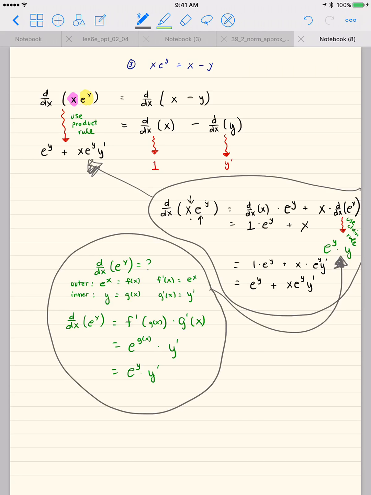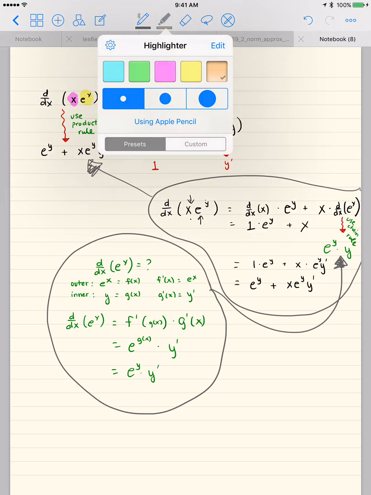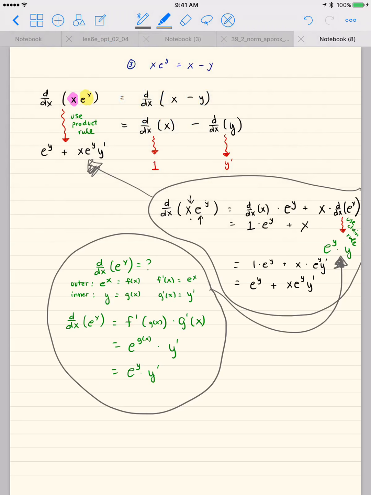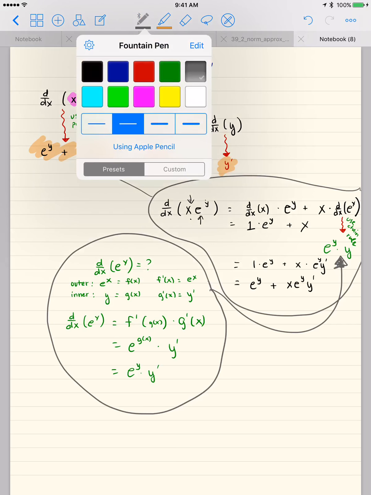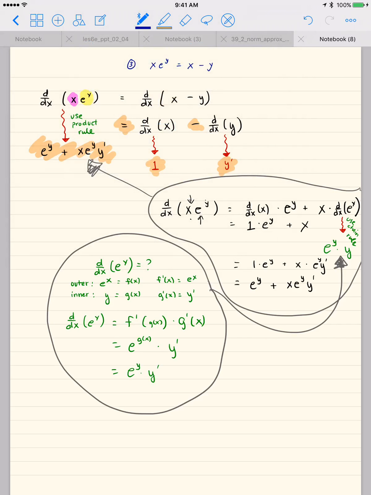But back to our original equation, the left-hand side equals 1 minus y prime. So let's get back to it. We'll have e to the y plus x e to the y, y prime, equals 1 minus y prime.